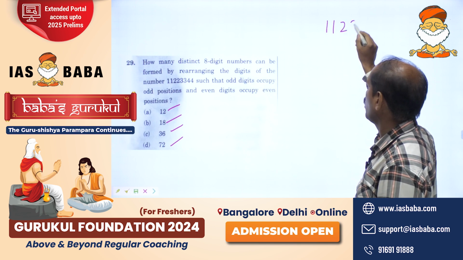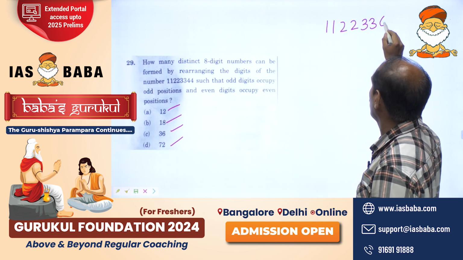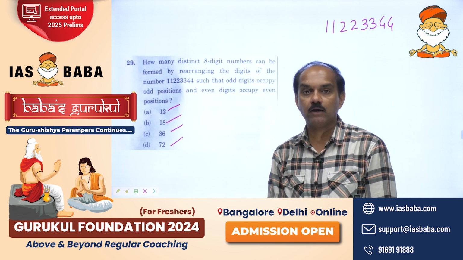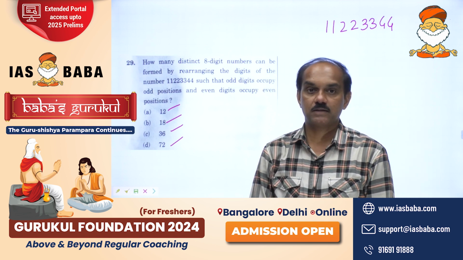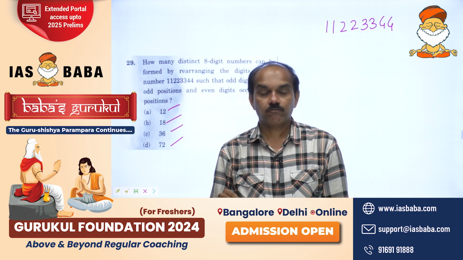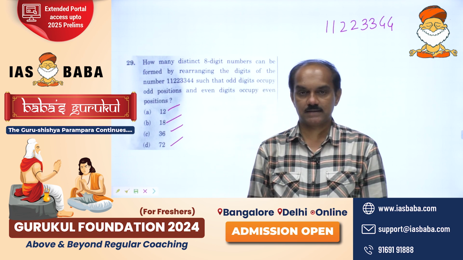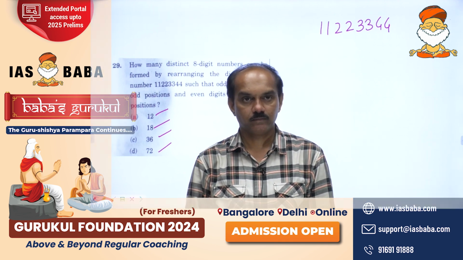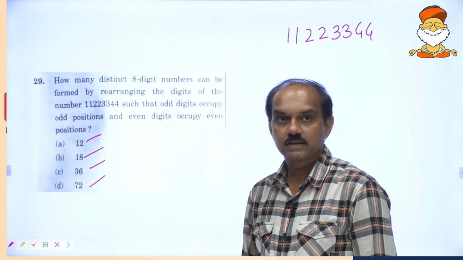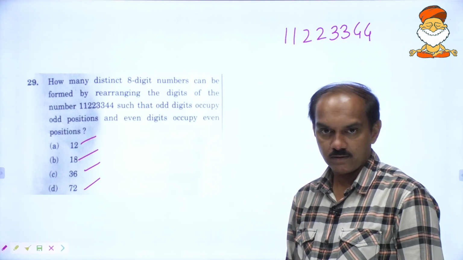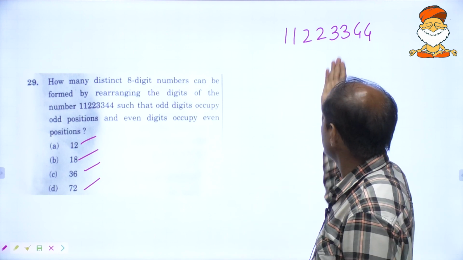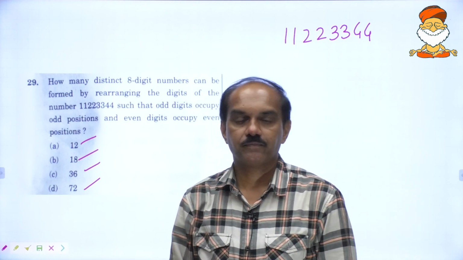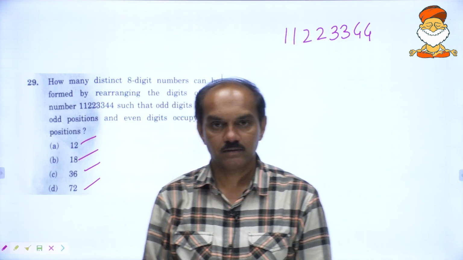1, 1, 2, 2, 3, 3, 4, 4. We are not concerned with the value of the number. We are concerned with only where we are writing these digits, in which positions we are writing. So, how many distinct 8-digit numbers, right? Once you change the positions, naturally, the values will get changed.